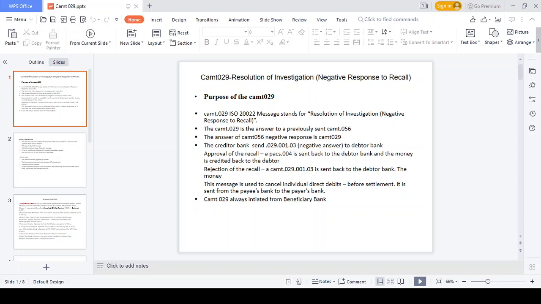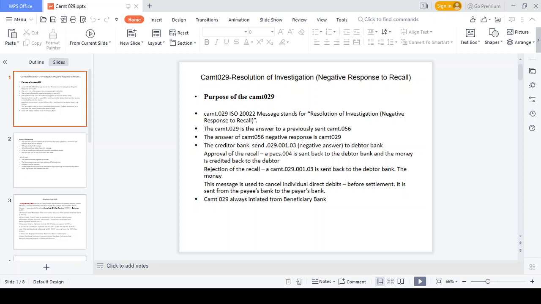This message is called the resolution of investigation message. Whenever the payment has been sent to the beneficiary bank or beneficiary hand, you cannot recall the payment. At that time you get a negative response to camt.056. That negative response we call camt.029.